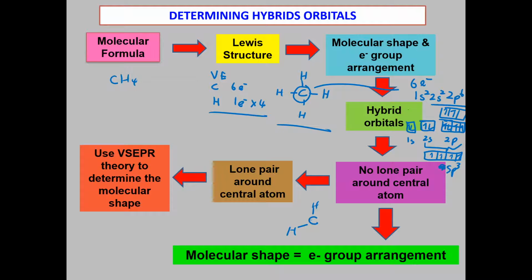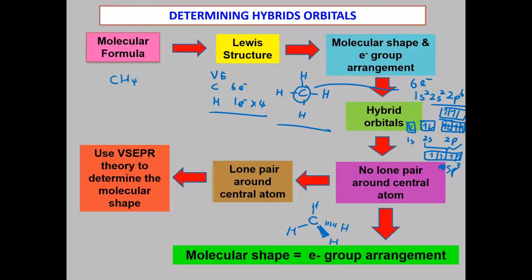Okay, hybrid orbital is just a theory yang kita nak explain kenapa dia boleh buat more bonds than dia punya electrons, then bilangan electrons yang unpaired dia ada. Okay, kalau you guys tengok untuk carbon we only have 2 unpaired electrons.